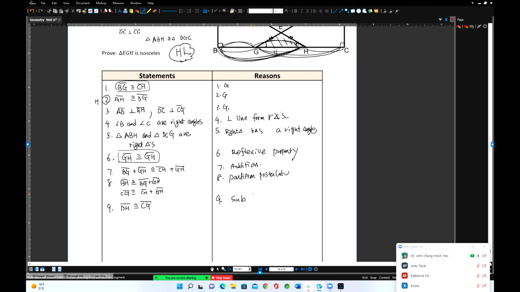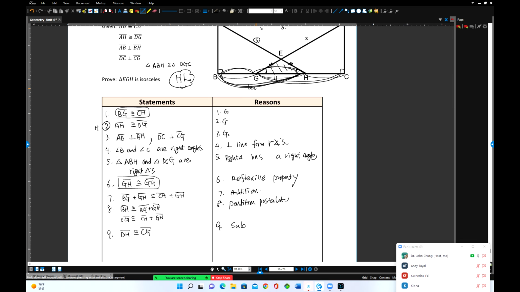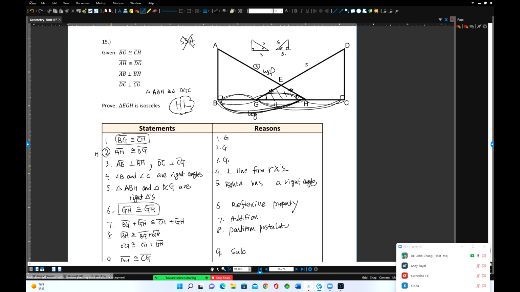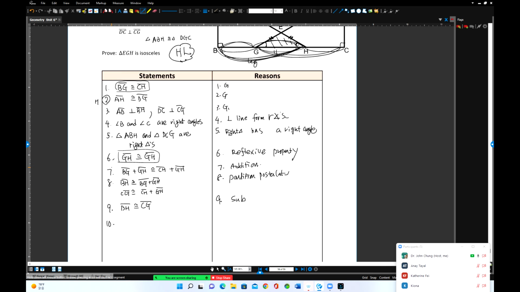Now we got everything. This is the leg, this is the hypotenuse. These two triangles are right triangles. Now you can say triangle ABH is congruent to triangle DGC.